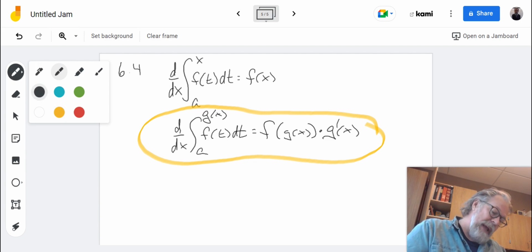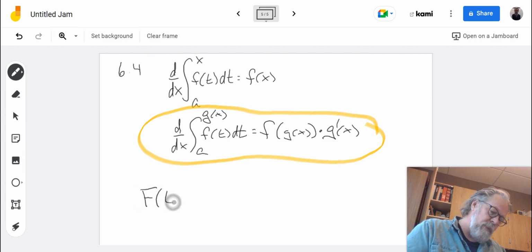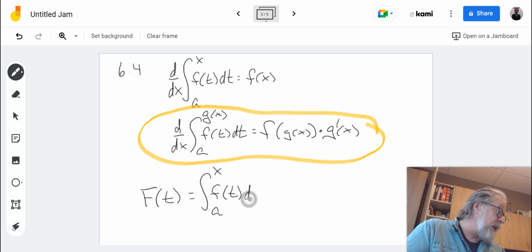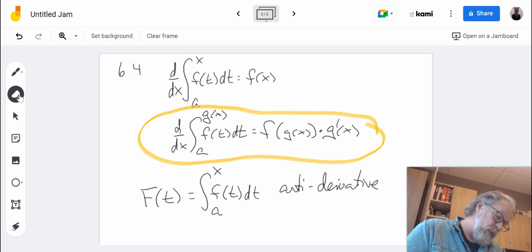We'll define an antiderivative, and this will become useful in just a second, as being the integral from a to x of f of t dt. This is an antiderivative. And I'm going to erase that t and put an x in there, so please change your notes.